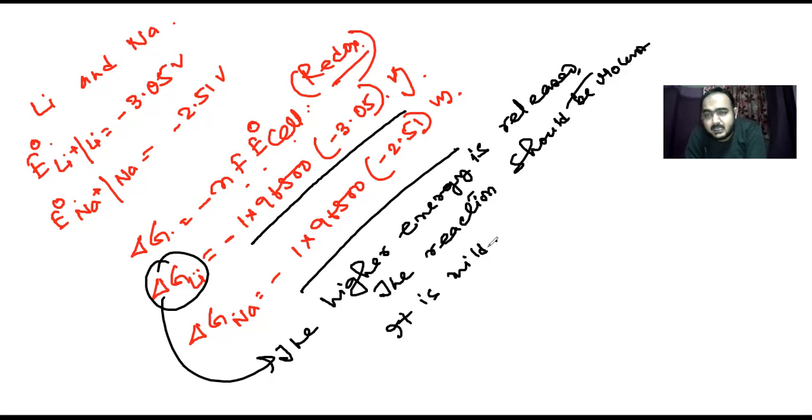But this is the kinetic explanation, not the thermodynamic explanation. According to thermodynamics, a high amount of energy will be released, but according to kinetics, the maximum energy is spent to melt another lithium atom.